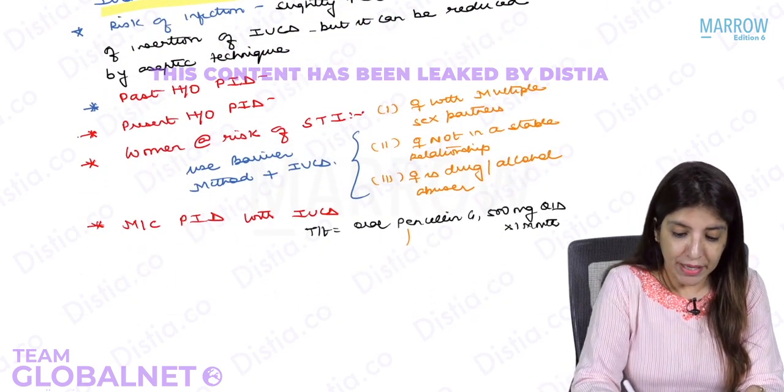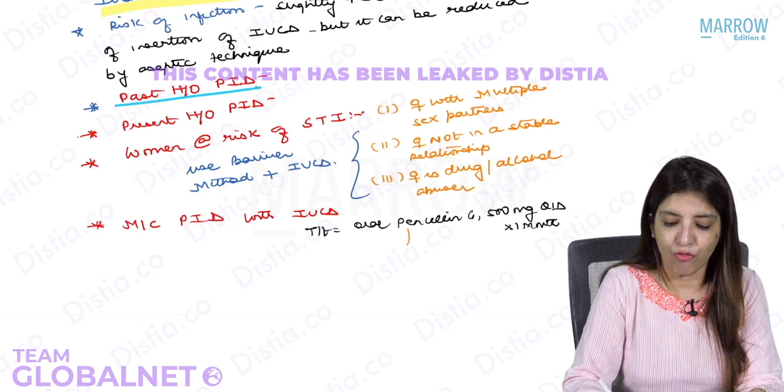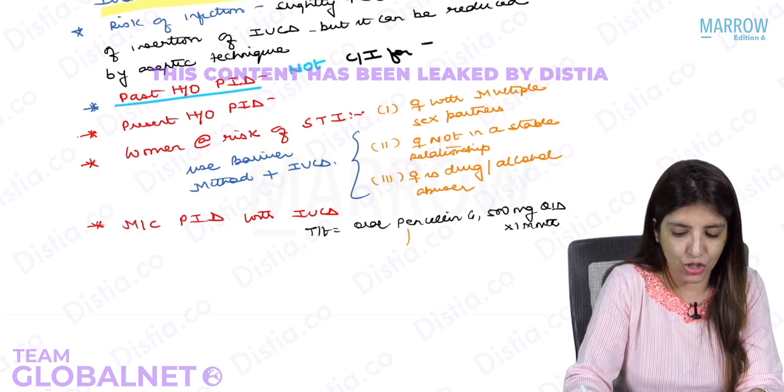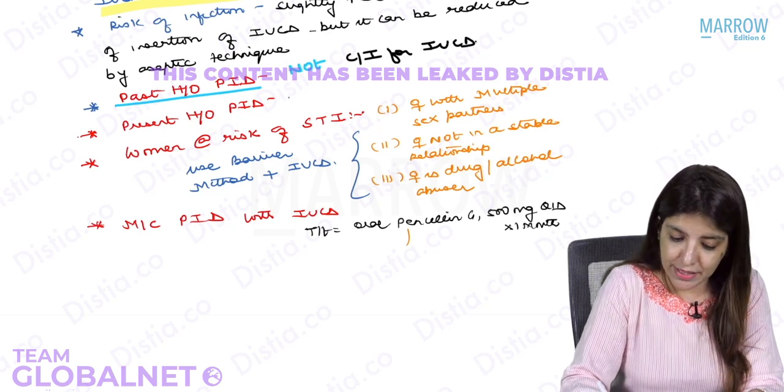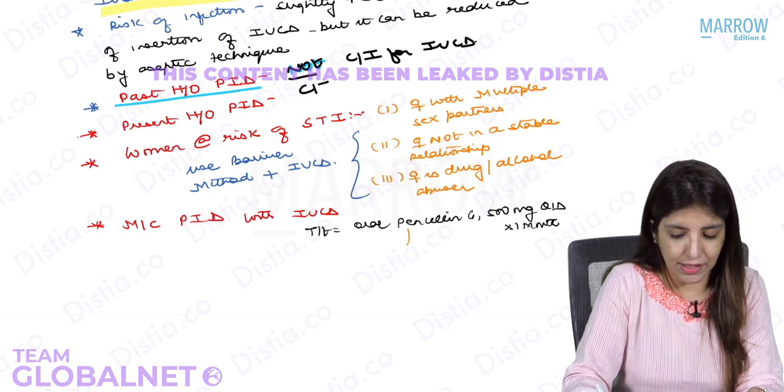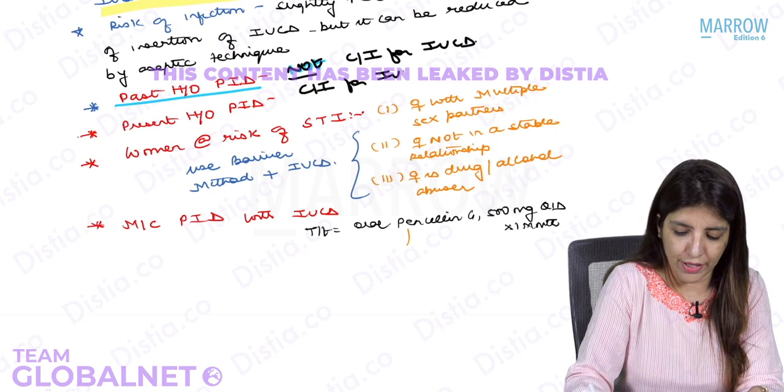Then please remember, past history of PID is not a contraindication for IUCD. Present history of PID, yes, it is a contraindication for IUCD.